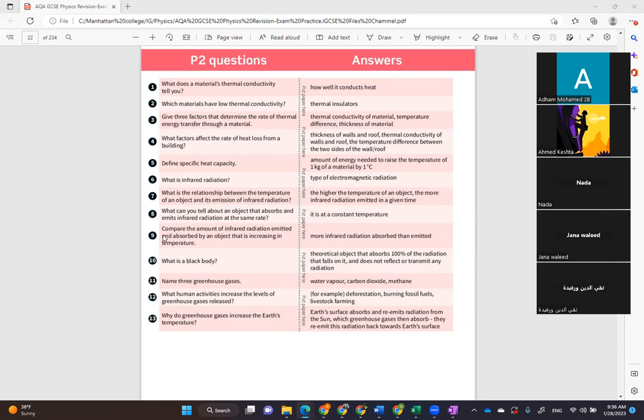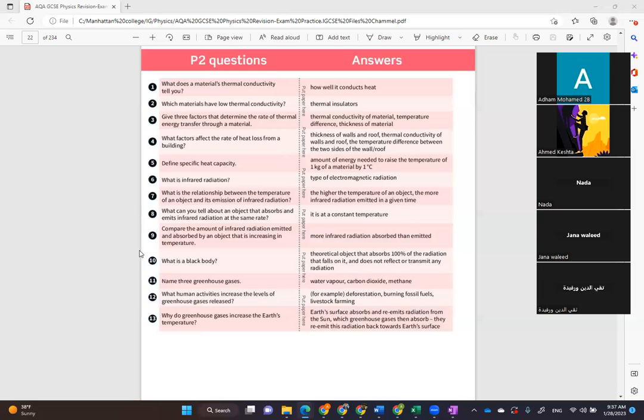What can you tell about an object that absorbs and emits infrared radiation at the same rate? It's at constant temperature. Compare the amount of infrared radiation emitted and absorbed by an object that is increasing in temperature. More infrared radiation is absorbed than emitted.